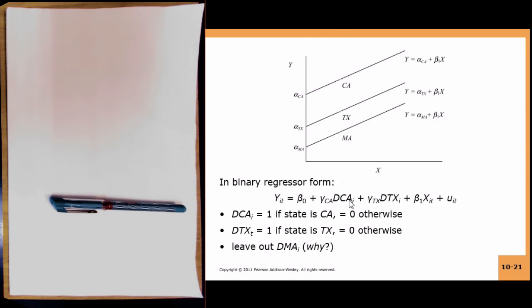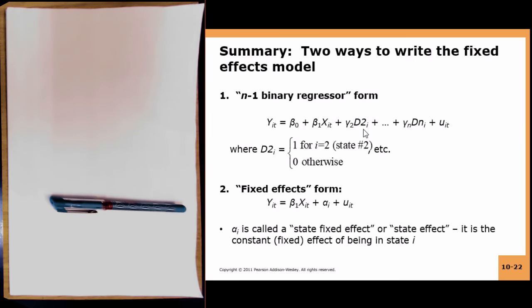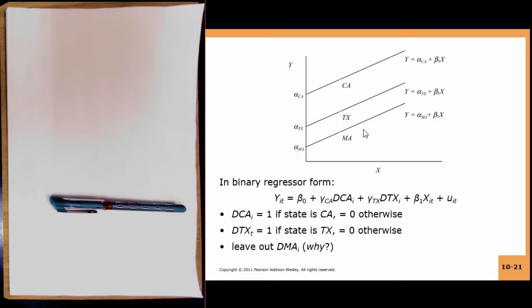So now in the binary regressor form, you could specify a common intercept and include dummy variables for California and for Texas. In this particular case, you are considering 3 states: California, Texas, and Massachusetts. Since you are considering 3 states, you drop one of the states, that is, Massachusetts, and you include a dummy variable for California and a dummy variable for Texas, and then your independent variable of interest and your error term.